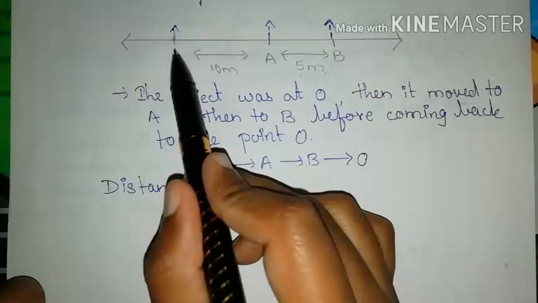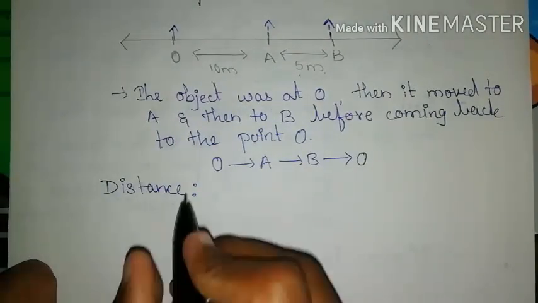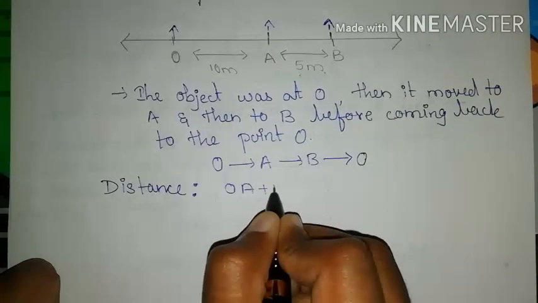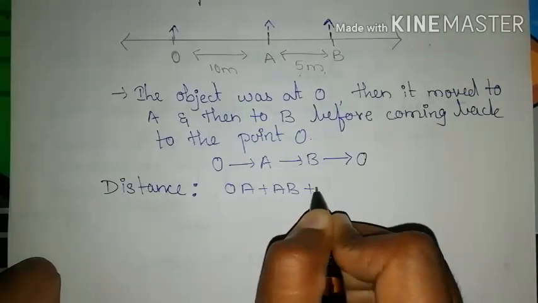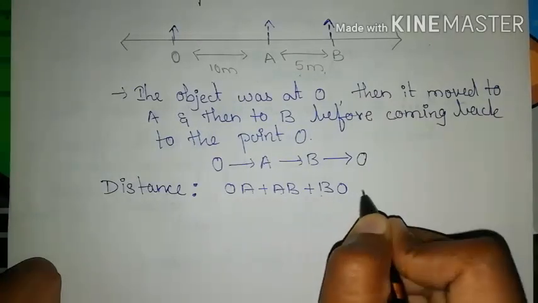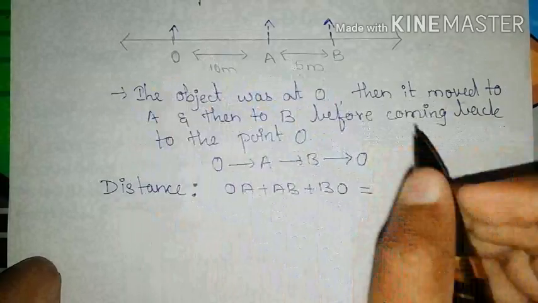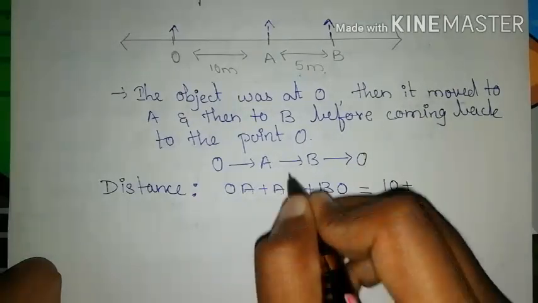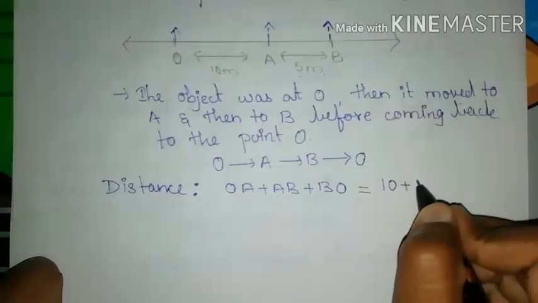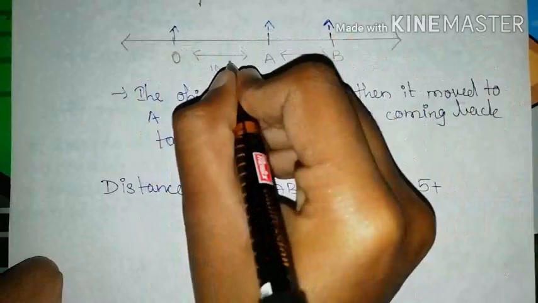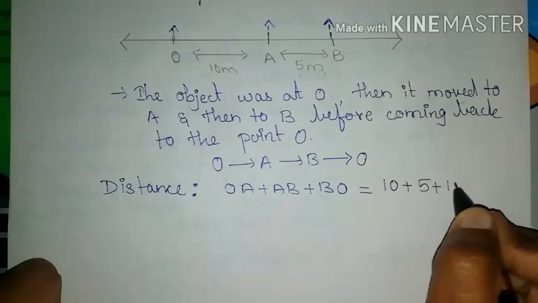So the total distance is the actual path, no? So total distance will be OA plus AB plus BO, which is equal to OA is 10 meters plus AB is 5 meters plus BO is 10 plus 5, 15 meters.